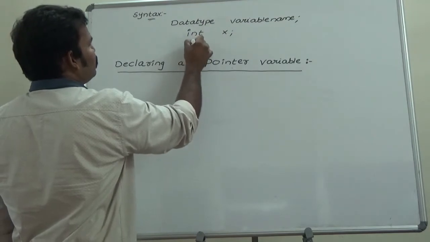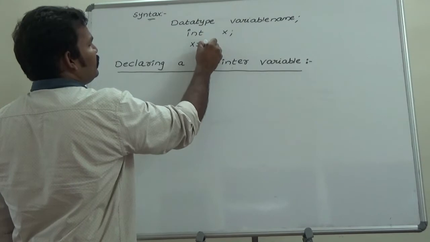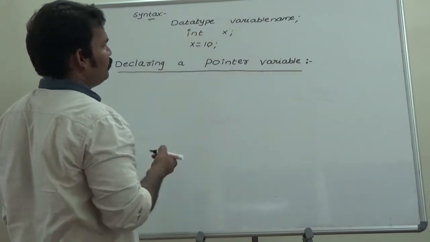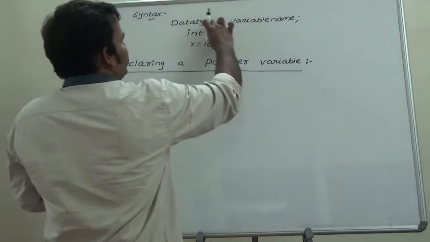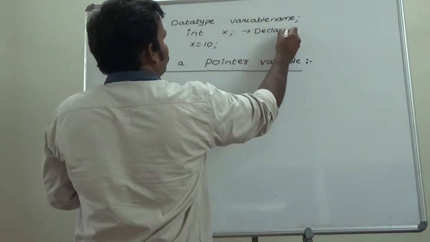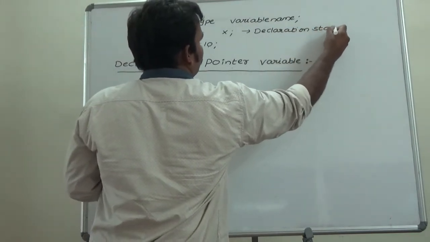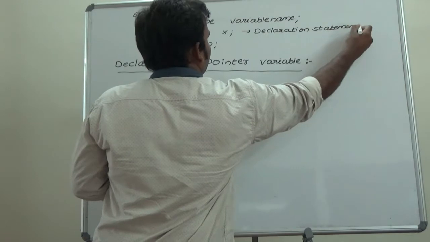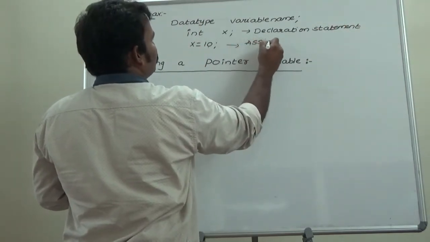Right, next, here I am assigning 10 to the x variable. So this is the declaration statement, and next, the assignment statement.